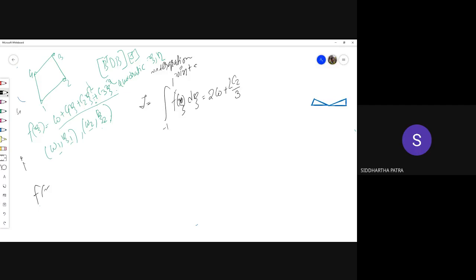You see, xi squared is an even function, hence comes the 2, and since it is xi cube, that's why you need 1 by 3.